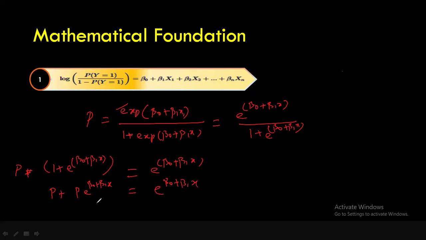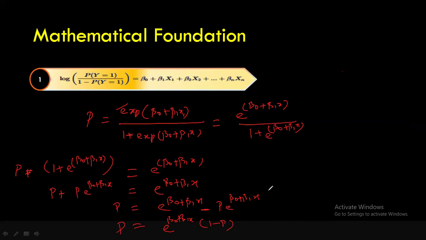Now I keep only the p on the left side, and if I move this to the right side, it becomes negative: e to the power beta naught plus beta 1x minus p into e to the power beta naught plus beta 1x. To simplify that, I get e to the power beta naught plus beta 1x into 1 minus p.